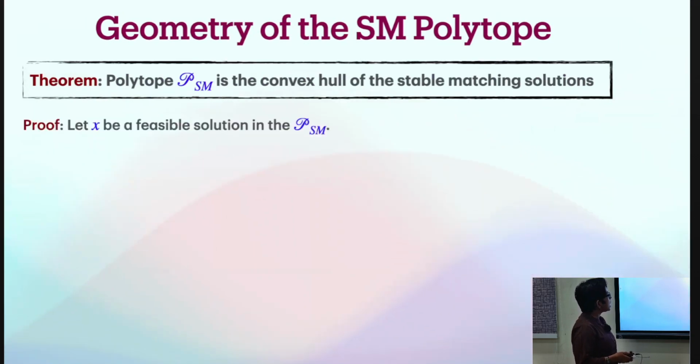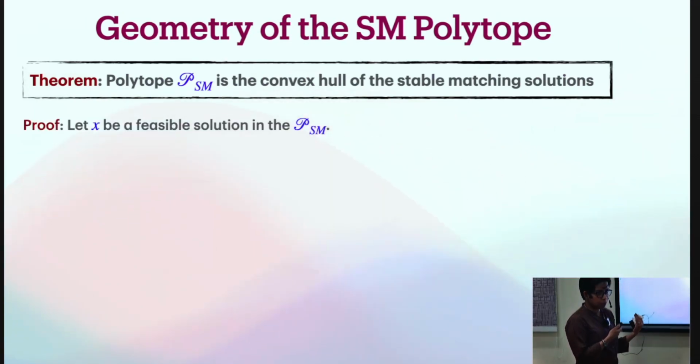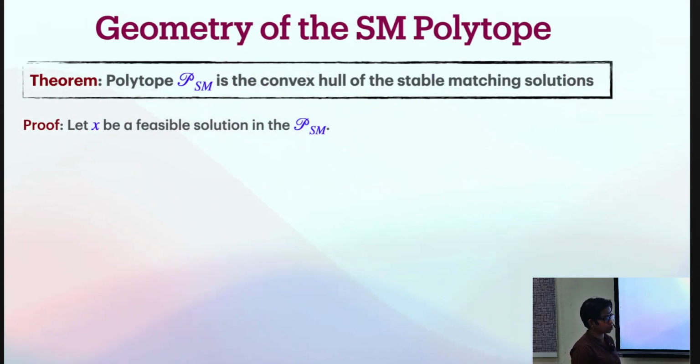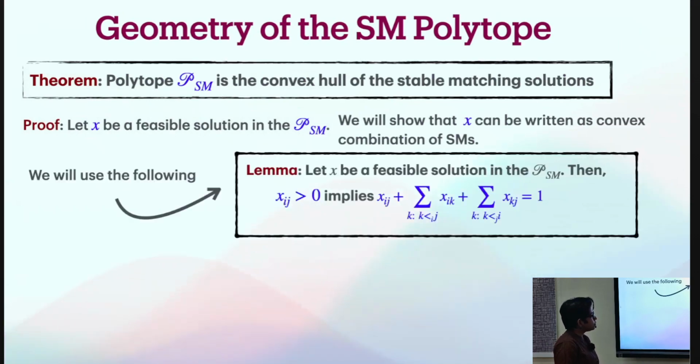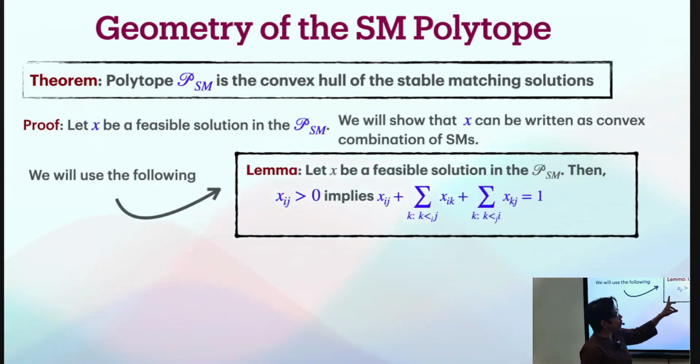Now, suppose we start with x as a feasible solution in the stable matching polytope. We will show that x can be written as a convex combination of the stable matchings. These are the integral stable matchings. Now, this is a result that I will not be proving. It uses a bit of the primal-dual complementary slackness condition which you saw earlier today. But let us skip it, let us assume that this is true. Let us understand what this means and then we will just use it.